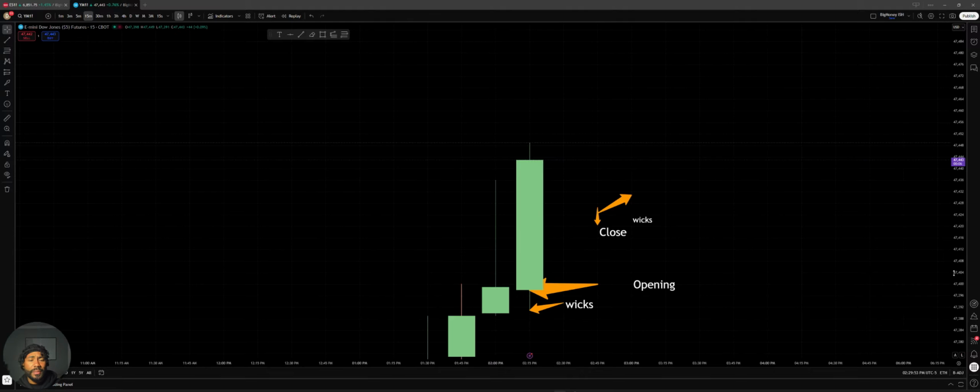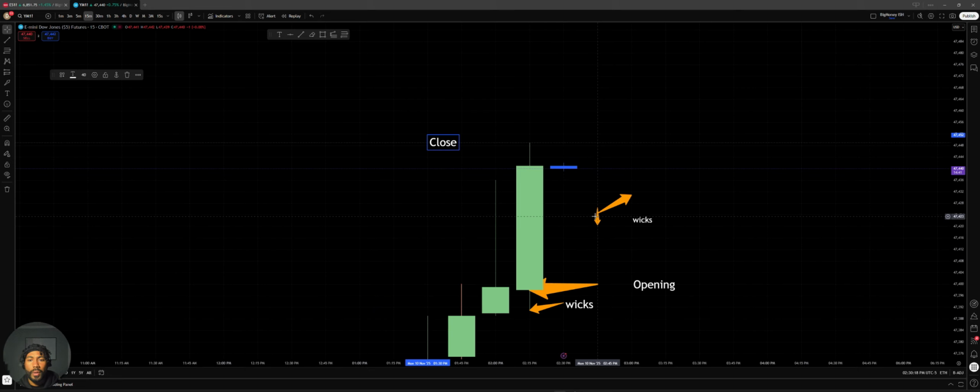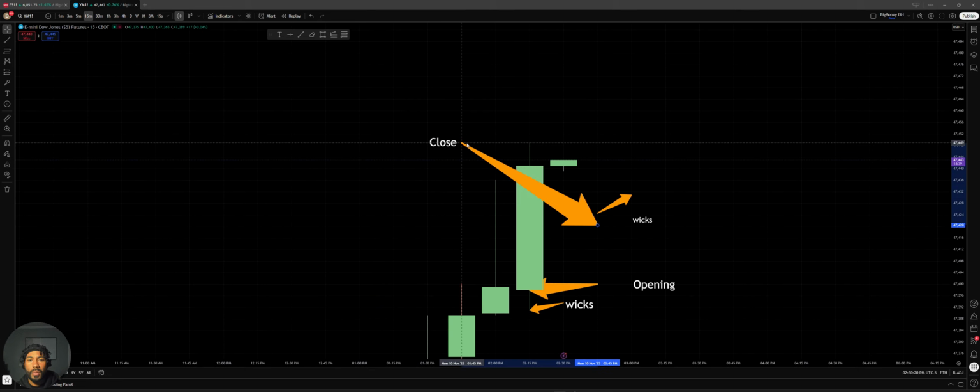Got 8 seconds left before it closes. Boom, there you go. That's the opening for the 2:30. This is the full 15 minutes between 2:15 and 2:30. Now the 2:30 candle is opened, and now we can see where that 15-minute candle closed at.